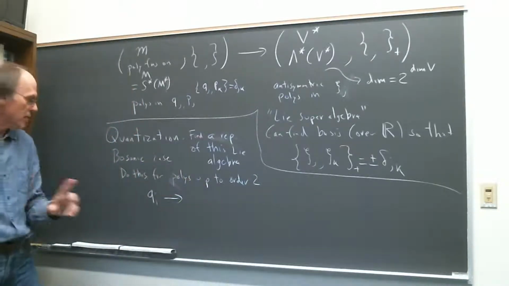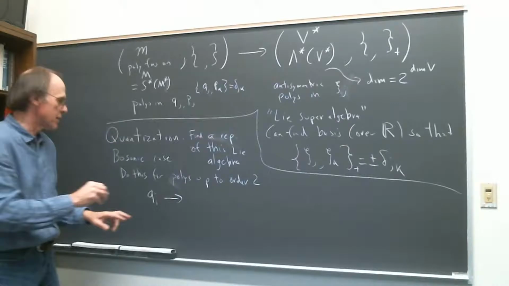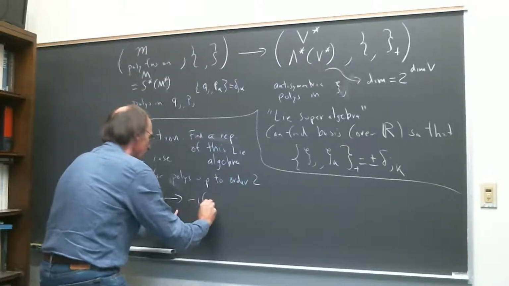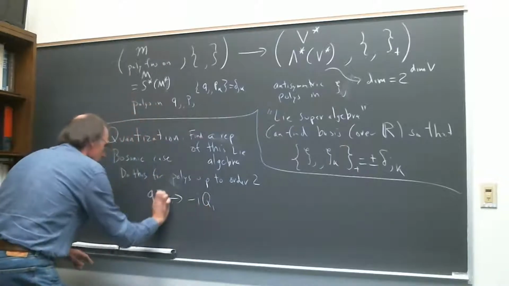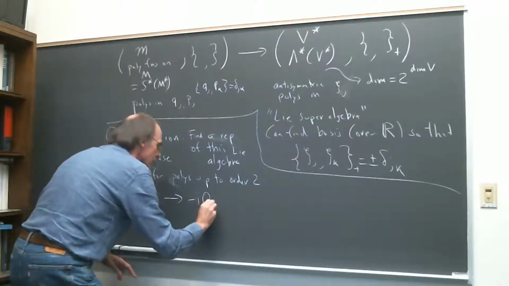To get a unitary operator, you wanted it to be self-adjoint, so it was minus i times qj. Okay.